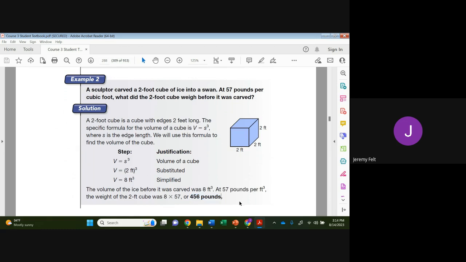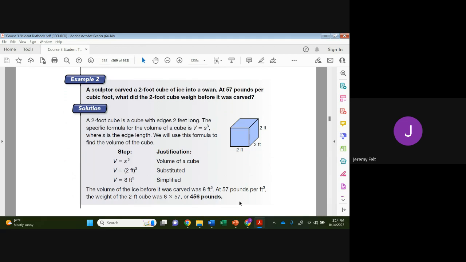So a lot of times I'll do that to find the volume of a swimming pool to figure out how many gallons or how much weight or whatever it's going to take up, because it's filling up 3-dimensional space. So a lot of times we'll use that to figure out the volume of your garden planter or whatever.